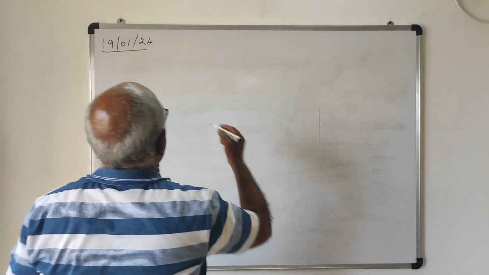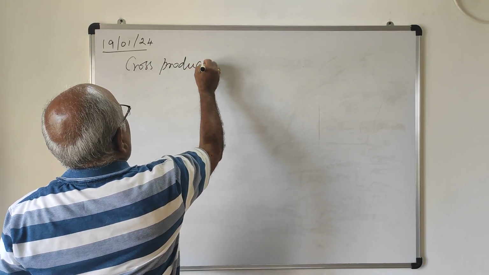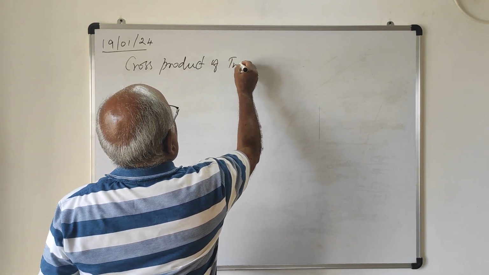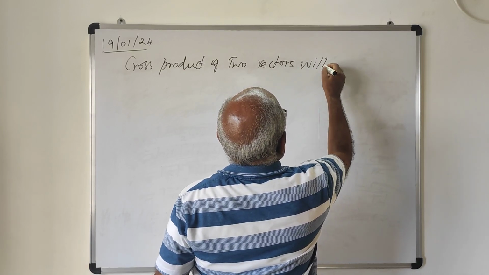Okay, now the cross product of two vectors with its components.